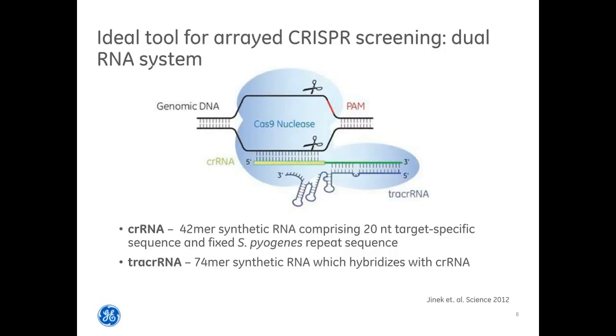So the editor, synthetic CRISPR RNA, is modeled after the naturally occurring dual RNA system, which includes the target-specific CRISPR RNA, which will couple then with the tracer RNA, which is the longer RNA that together forms a complex to activate the Cas9 nuclease that directs the cleavage of the genomic DNA target.